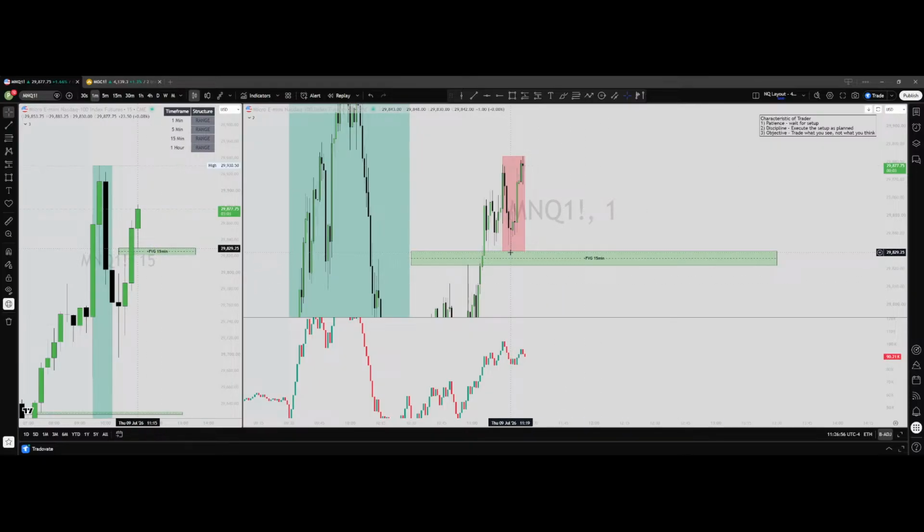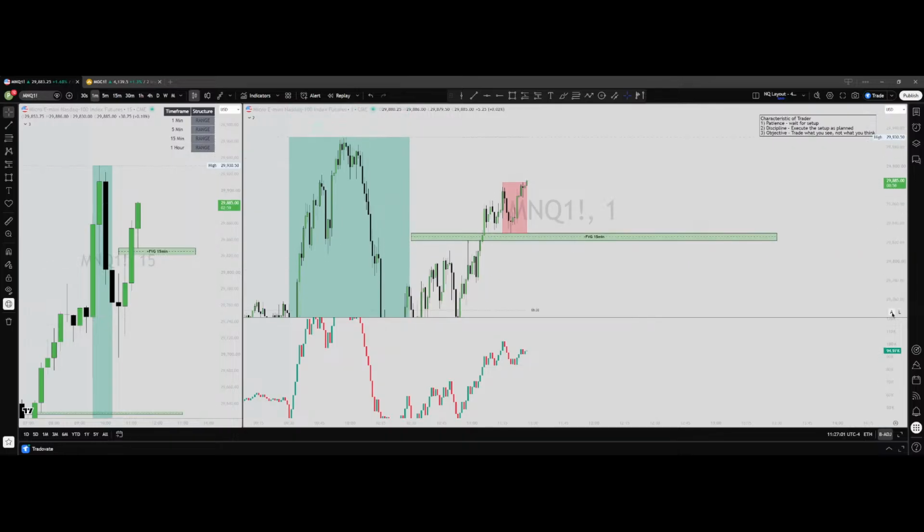Taking down London closing low gives a good signal. We can look for a higher continuation. Let's see if price gives us that trade.